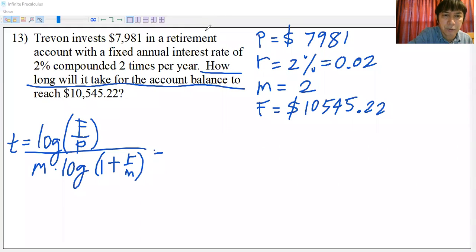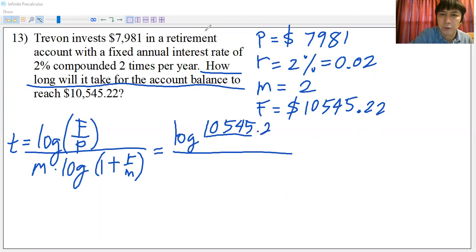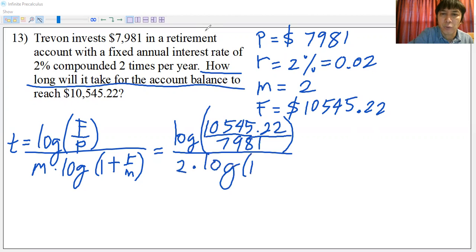This is now equals logarithm of F, our F is on top, 10,545.22 over the divisor of that ratio, 7981. And then at the bottom you have M, that's 2, times logarithm of 1 plus 0.02, that's the R, over the M, which is 2.